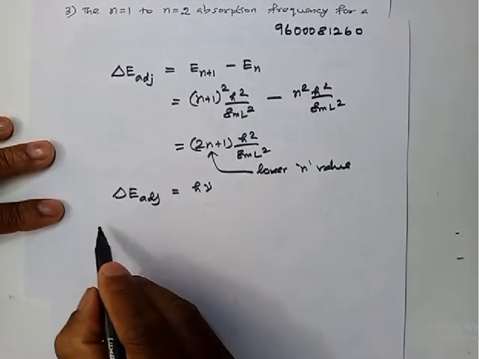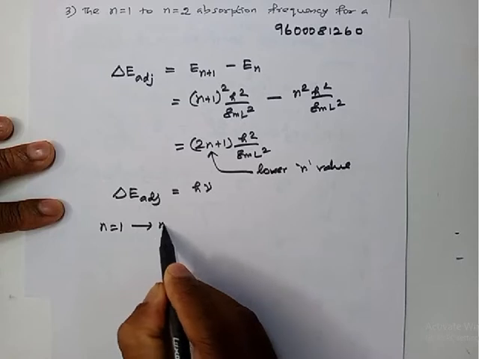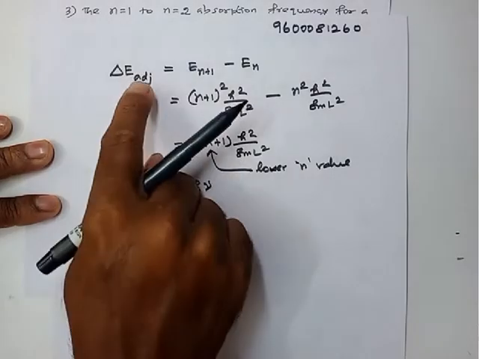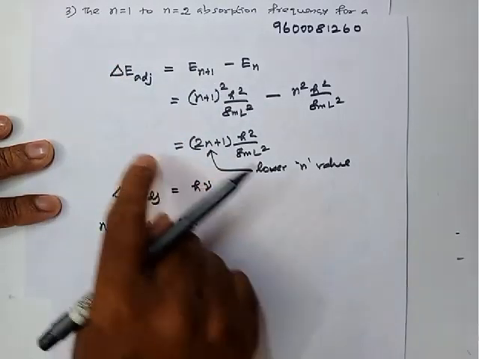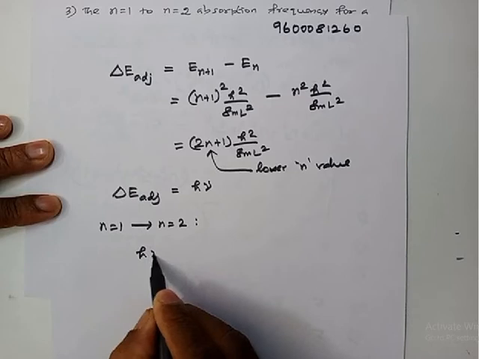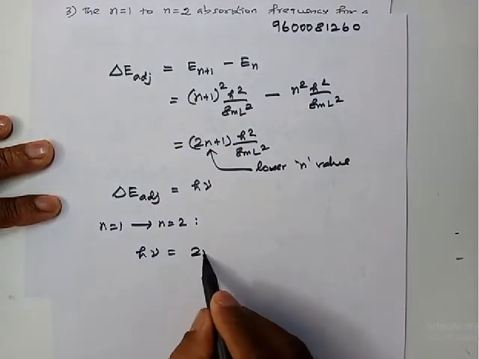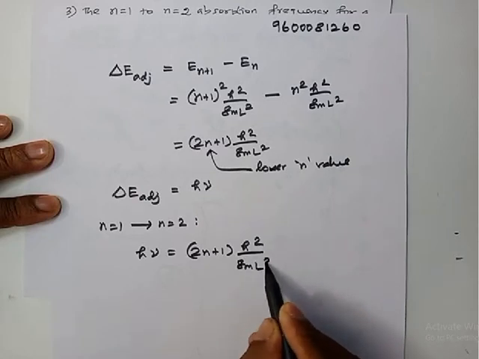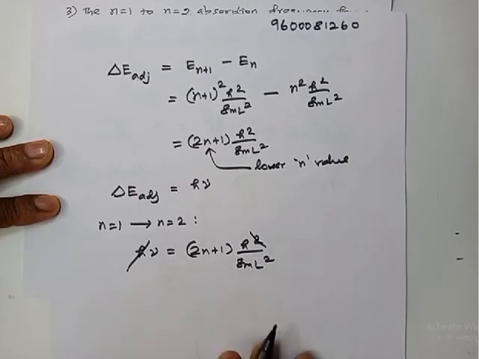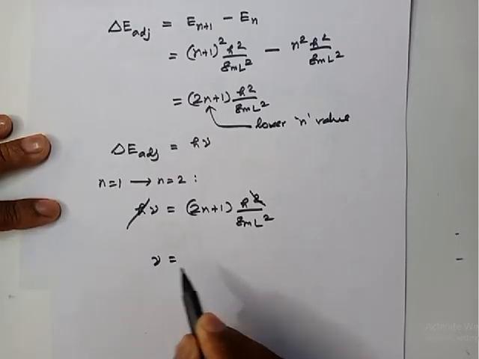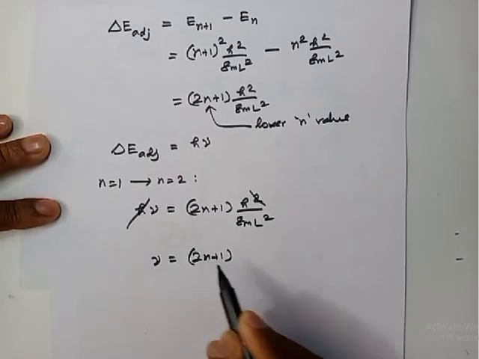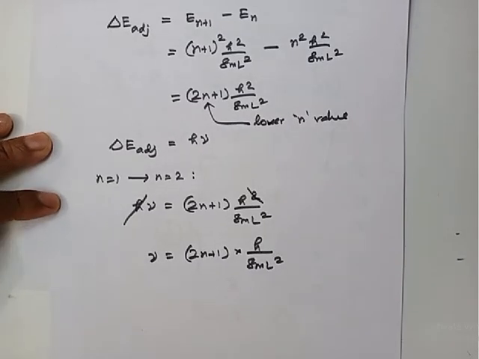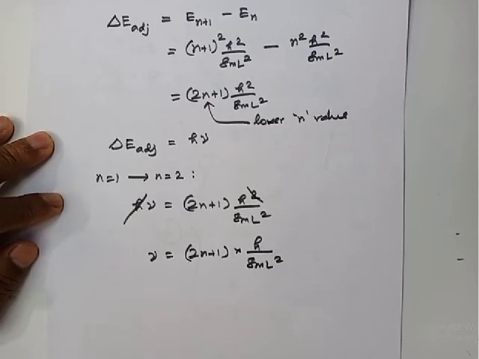In the place of delta E I'll put h nu. So I can write h nu is equal to 2n plus 1 times h square by 8 ml square. Cancel h and h square here, so you'll get frequency is equal to 2n plus 1 times h by 8 ml square.